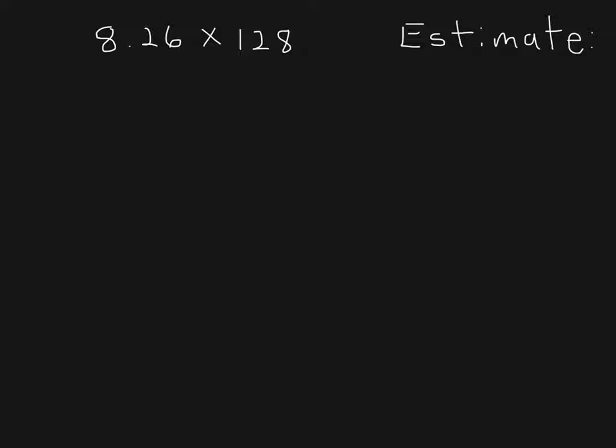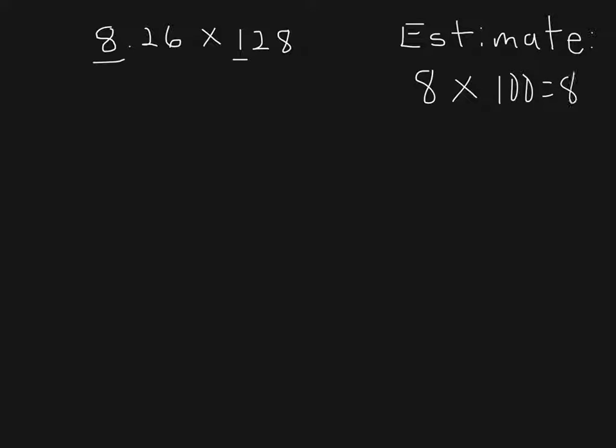All right, now we're going to do the same thing, but this time we are multiplying by a 3-digit factor. So first step again is rounding to the greatest place. Greatest place in this one is the ones place. So that will be 8 ones times, and the greatest place here is the hundreds place, and I have 100.